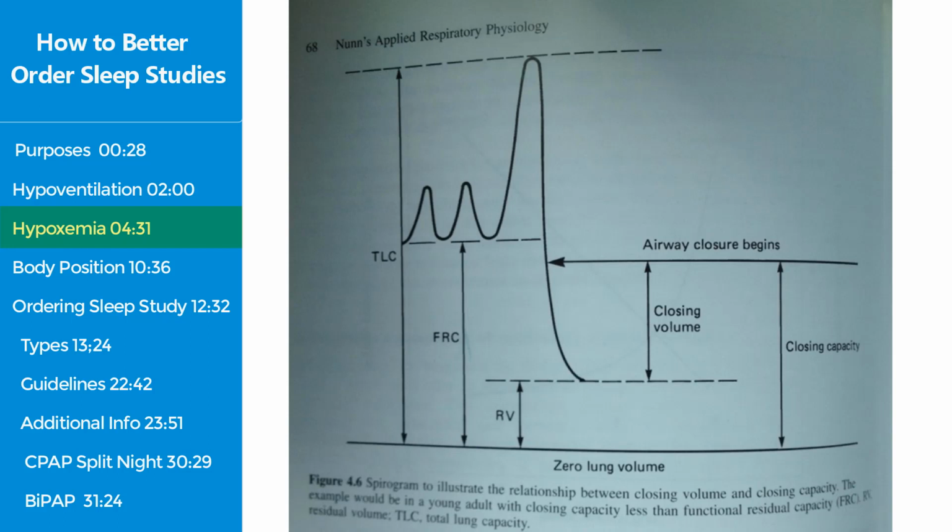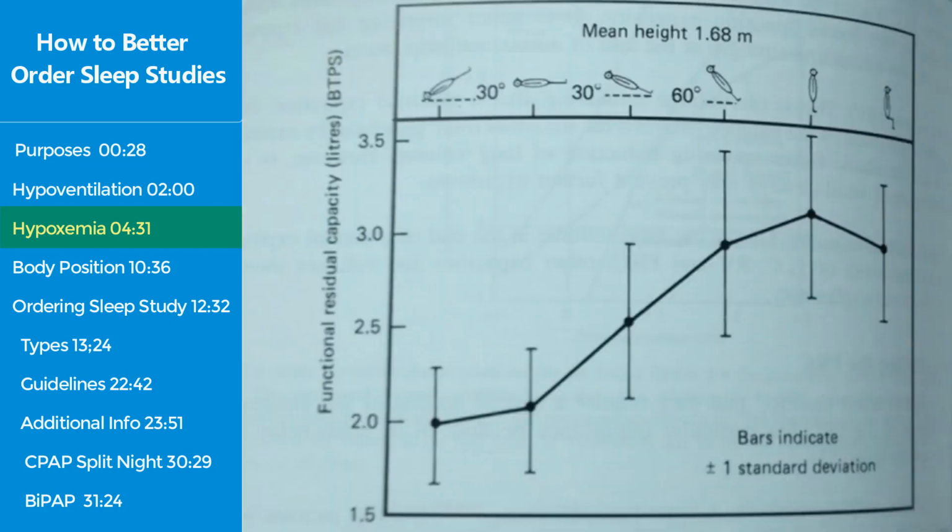And one thing which is also very important to consider in this context is that body position has a really strong effect on this. So this is just a graph of a small study done in an English respiratory physiology lab. And you can notice the difference in the functional residual capacity between lying down supine and being in Trendelenburg with the head of the bed down.